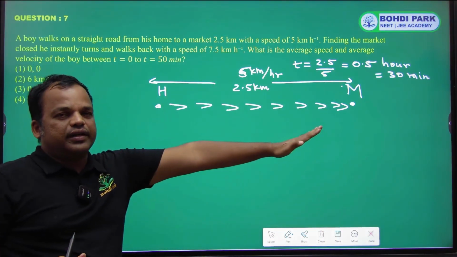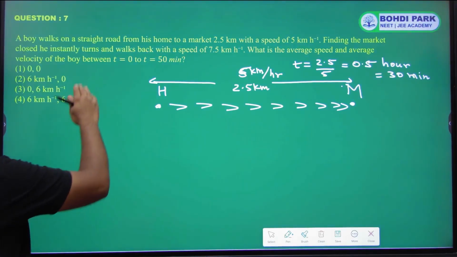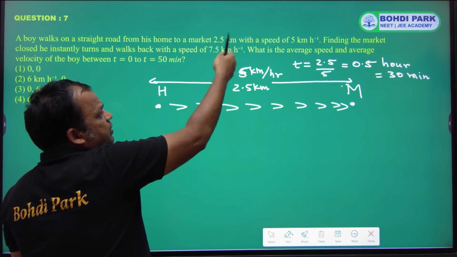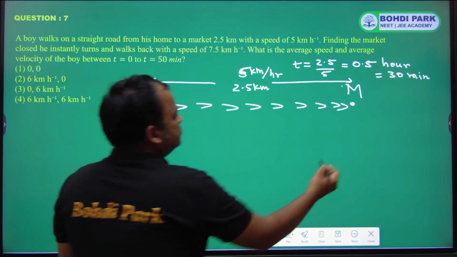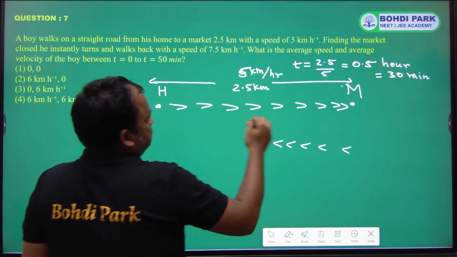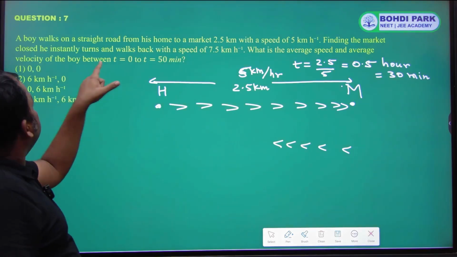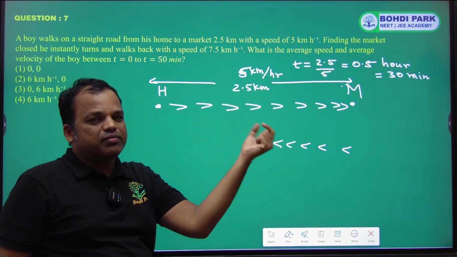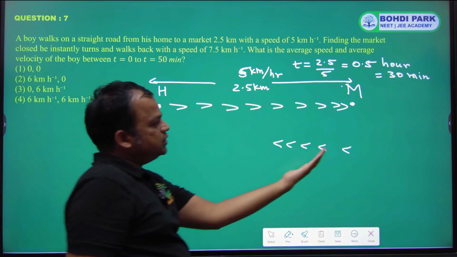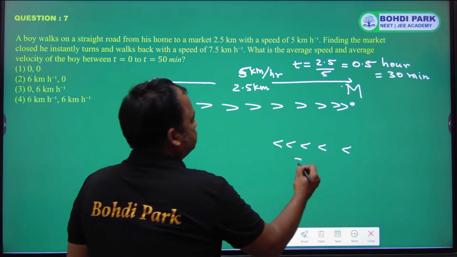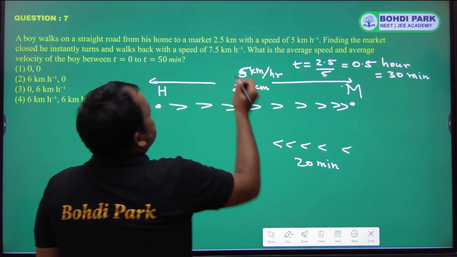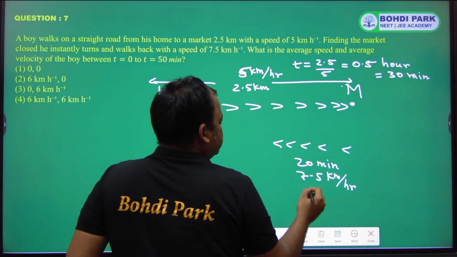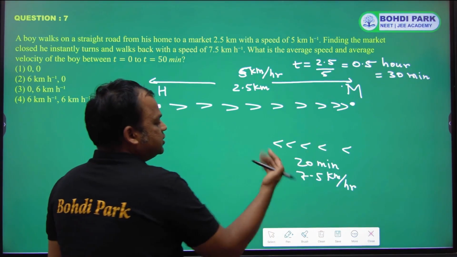Home to market 30 minutes. When returning, its speed is 7.5 kilometer per hour. We have to find average velocity for 0 to 50 minutes. So remaining time is 20 minutes. So for 20 minutes, it is going backside with speed 7.5 kilometer per hour. So we can find the distance or the displacement we can find.